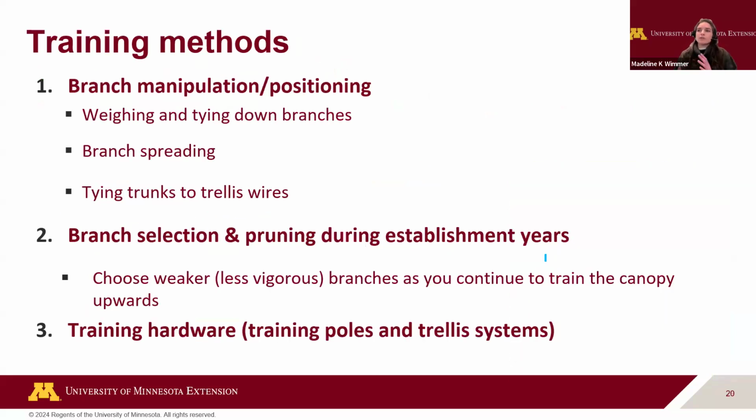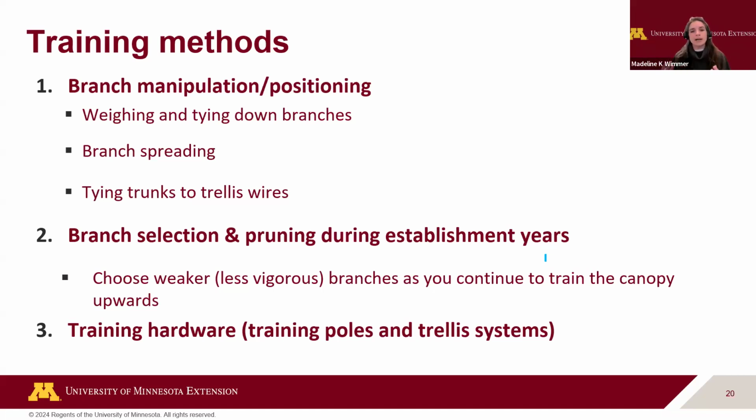There are multiple training methods. So in addition to pruning, which I mentioned, that's at point 2 there, there's also the option to do branch manipulation and positioning. So let's say that we are working with an apple tree that is not producing fruit early. It's not weighing the branch down. It's not slowing vigor because those apples aren't there to draw that energy out. So these would be like semi-dwarfing trees, larger semi-dwarfing or standard trees.